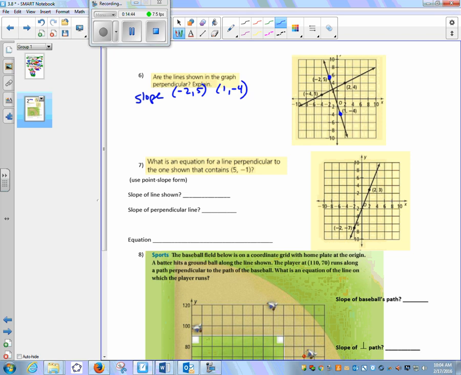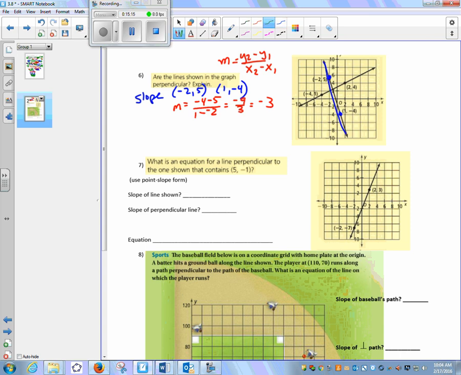The slope formula, again, y2 minus y1 over x2 minus x1. So you're going to do slope equals -4 minus 5 over 1 minus -2, and that's negative 9 over 3, which is negative 3. So that's the slope of this blue line here.